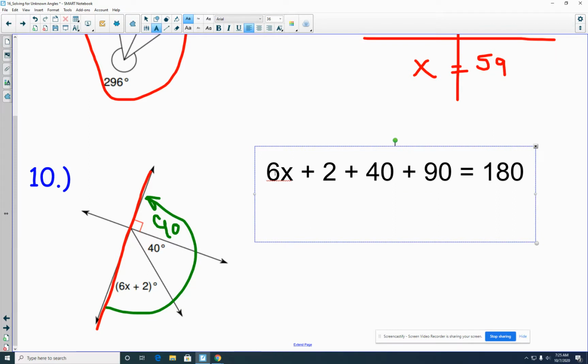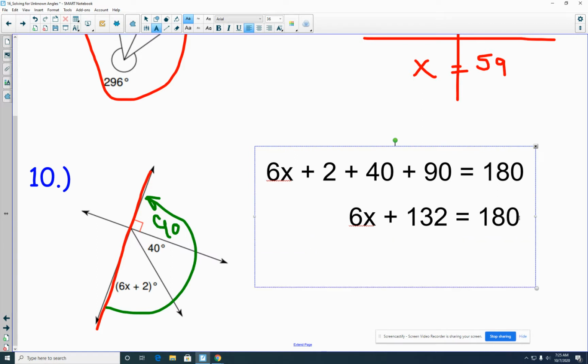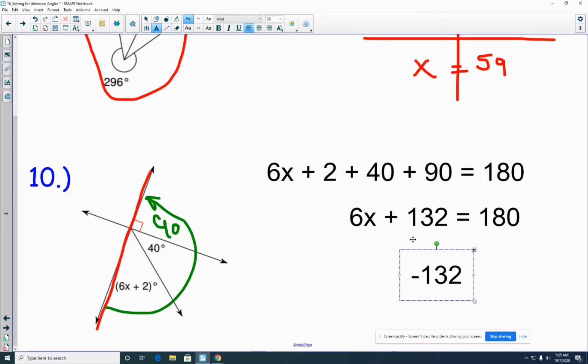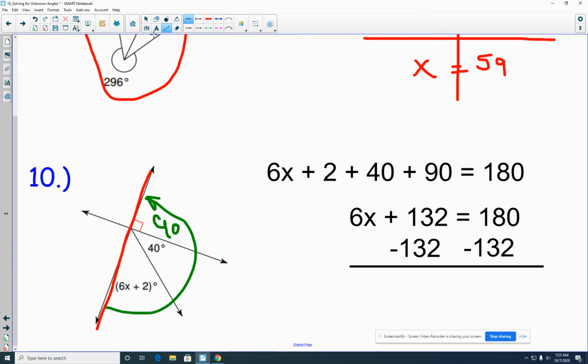If we combine like terms for this, we get 6x plus, so it's 42 plus 90 is 132 equals 180. You want to get x by itself, so we're going to subtract 132 from both sides. And then we get that 6x is equal to 48, because 180 minus 132 is 48.